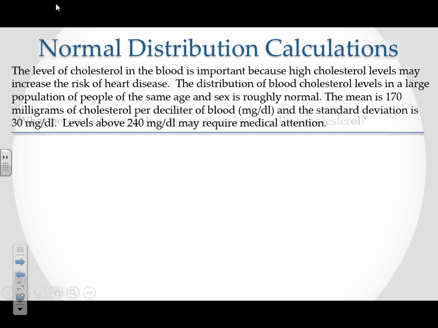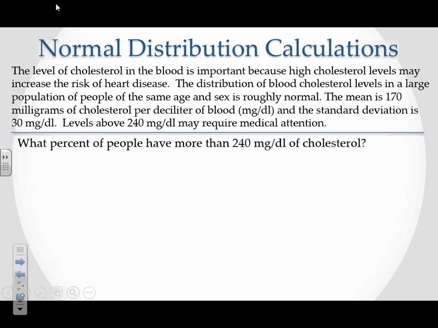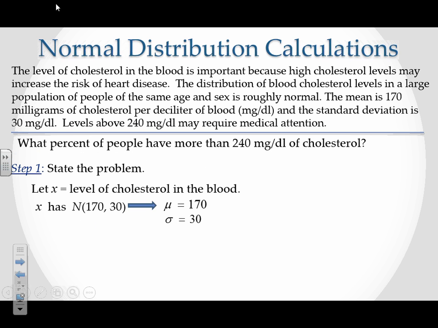Okay? So, the first question we want to answer regarding this distribution: what percent of people have more than 240 milligrams per deciliter of cholesterol in their blood? So if we have a normal distribution that has a mean at 170 and a standard deviation of 30, what percent of people have what's considered a dangerous level of cholesterol? The first thing is to figure out exactly what we are being asked to do here.